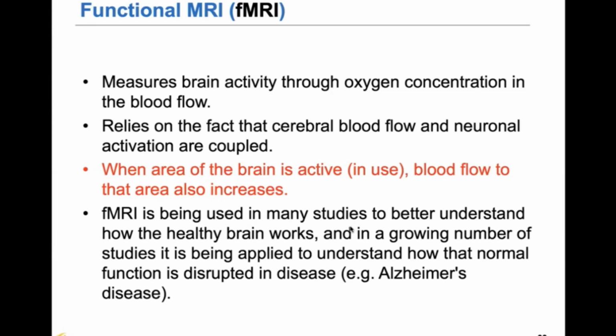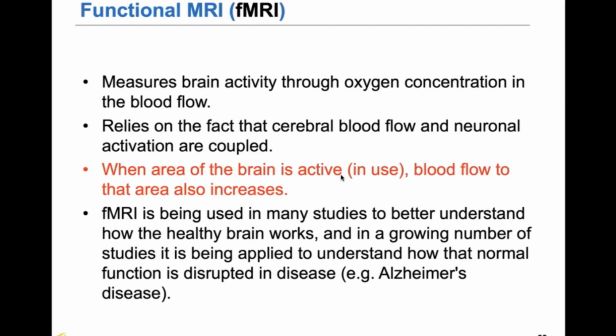And fMRI is being used in many studies to better understand how the healthy brain works. And in a growing number of studies, it is being applied to understand how normal function is disrupted in diseases, for example Alzheimer's disease.